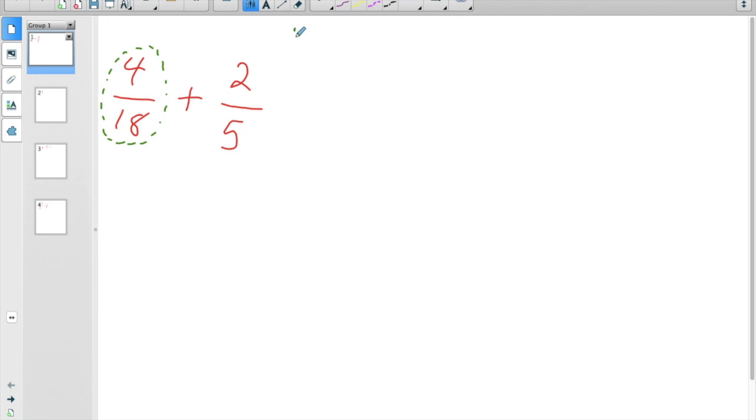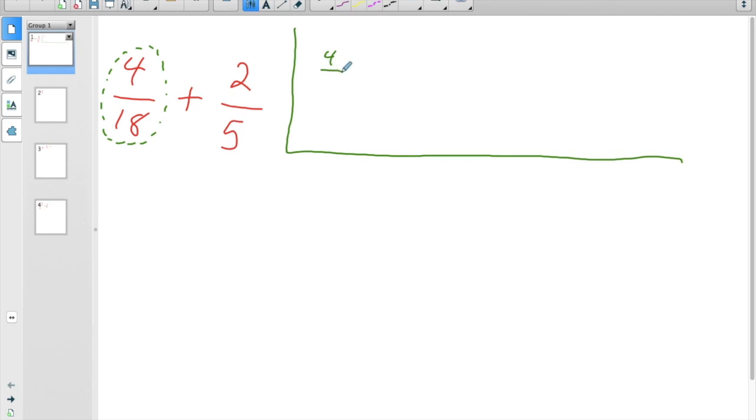So whenever you're working with fractions, if you can reduce something down, do so. Granted, you can do this at the end of this question, but if you do it as you go, it will make life easier. So here we have 4/18. And both 4 and 18 are divisible by 2.